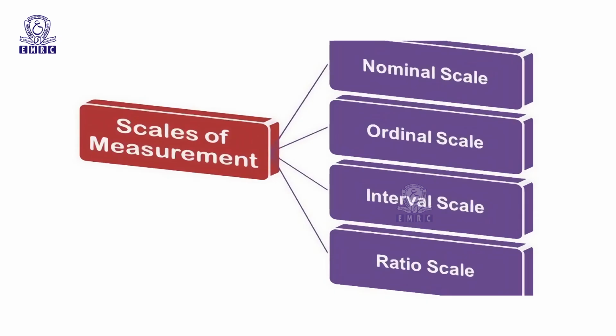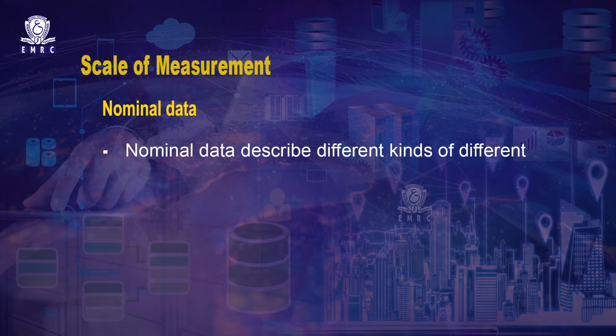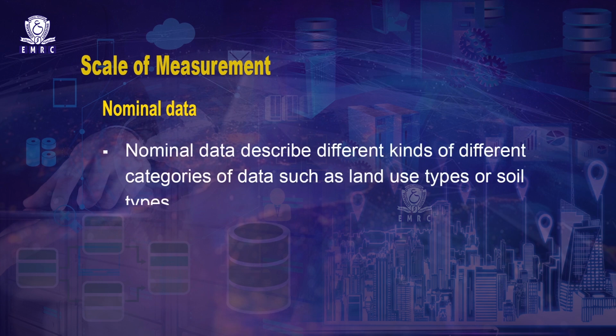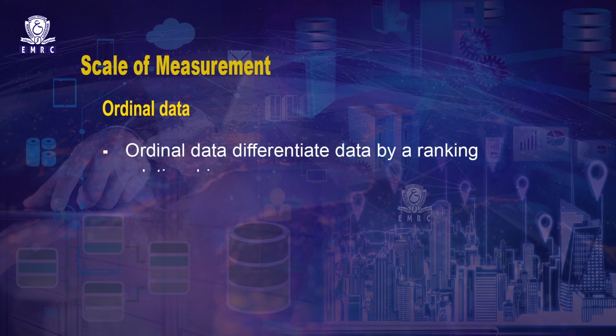By a measurement scale, attributes can be categorized as nominal, ordinal, interval and ratio. Nominal data describes different categories of data such as land use types or soil types. Ordinal data. Ordinal data differentiate data by ranking relationship.